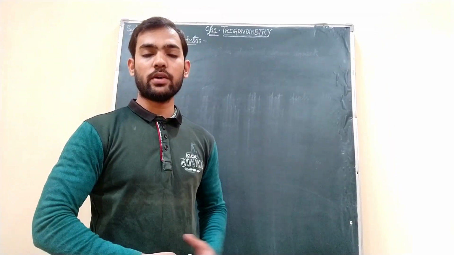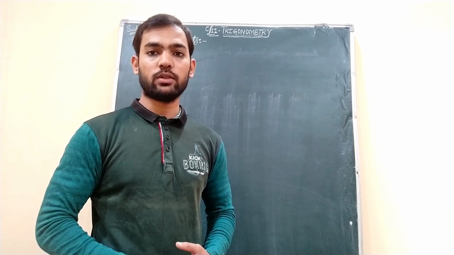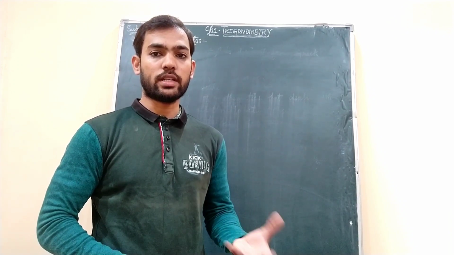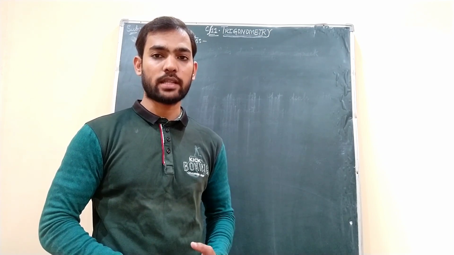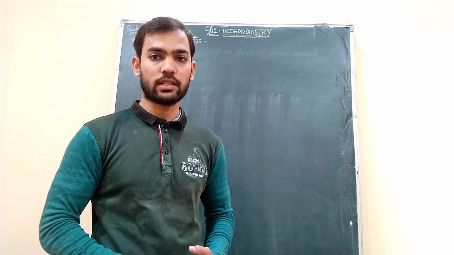So students, just now in the starting 3 points we have seen how the word trigonometry originated from the Greek language, and then we have seen what trigonometry actually is: a branch of mathematics which studies the relationship between the sides and the angles of the right angle triangle.